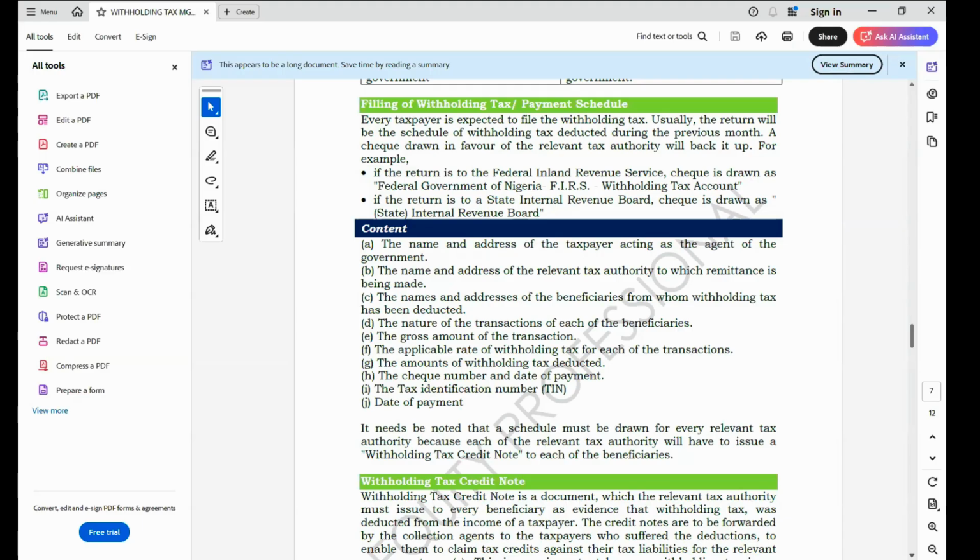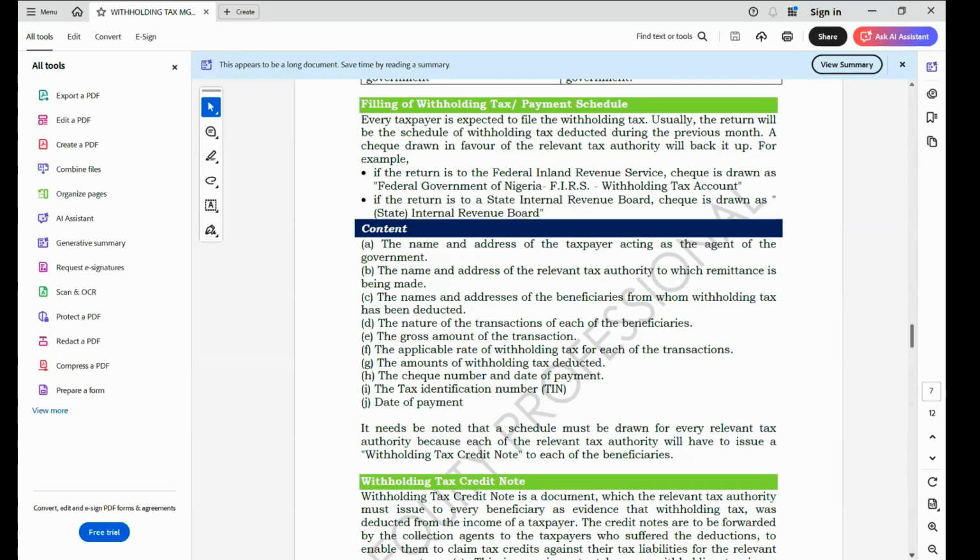The one relating to Lagos State must be remitted to Lagos State Internal Revenue, the one relating to Ogun State must be remitted to Ogun State Internal Revenue, and those relating to FIRS must be remitted to the Federal Inland Revenue Service, for each month. So that is the way the withholding tax schedule works.